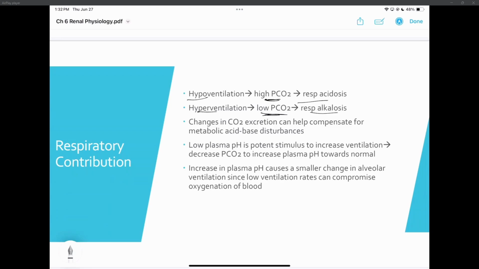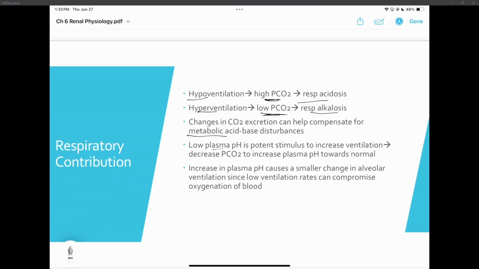Now, we can alter the breathing to compensate for metabolic acid-base problems. So how do we compensate? If it's a metabolic issue, we change our breathing to accommodate for the excess CO2. We can alter our breathing to compensate for the metabolic disturbance.